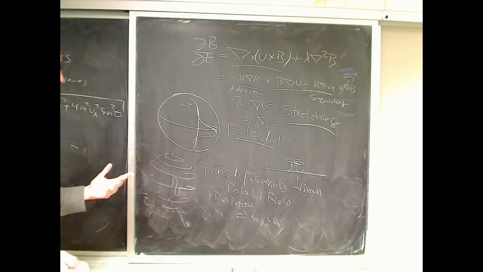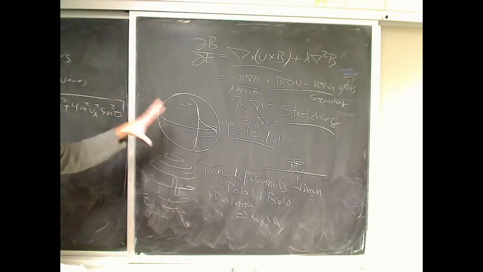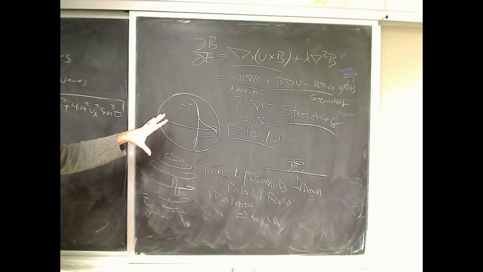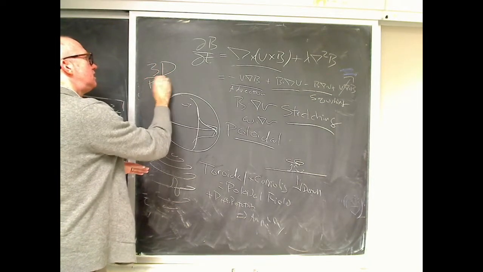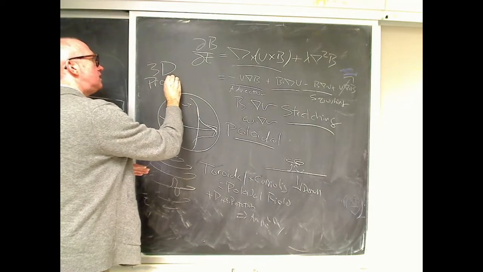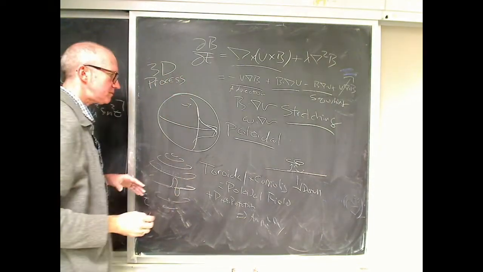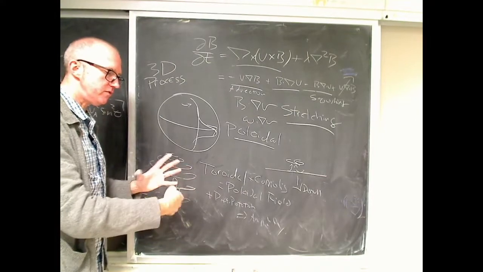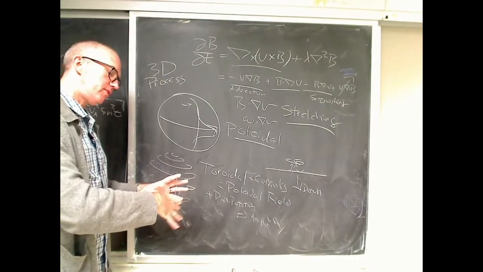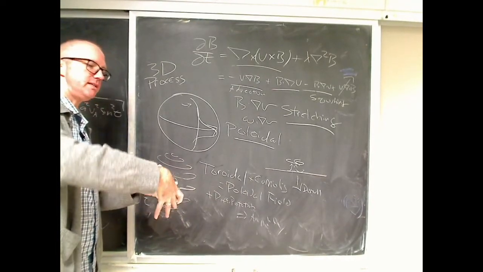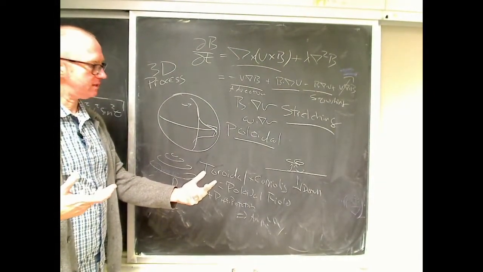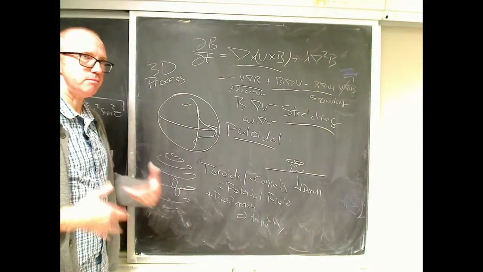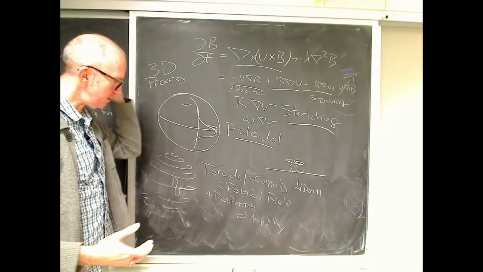So the important bit is that this is a fully three-dimensional process. I start off with one direction of field. The three-dimensional processes turns that into the other direction of field, which then can get stretched out by a differential rotation, which can then get rotated back into the toroidal field of the sun.